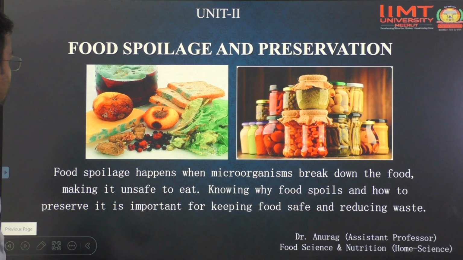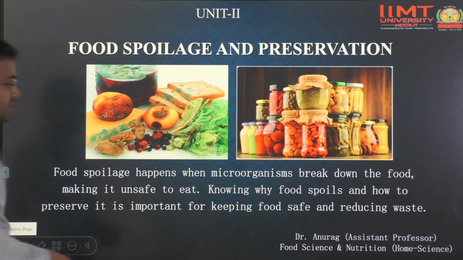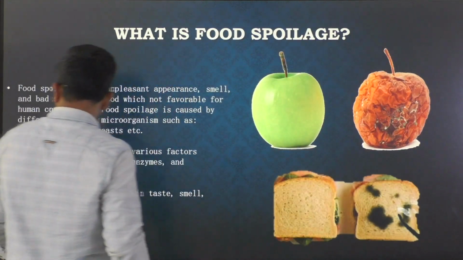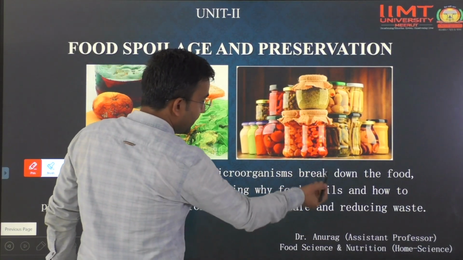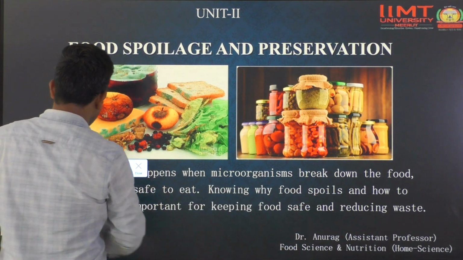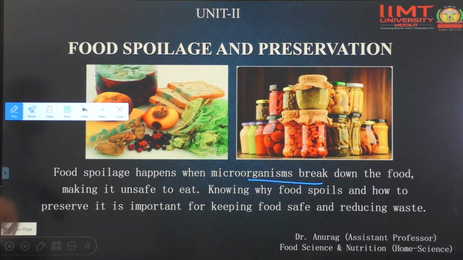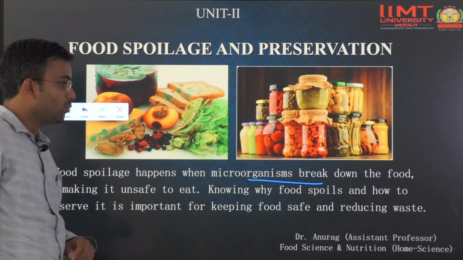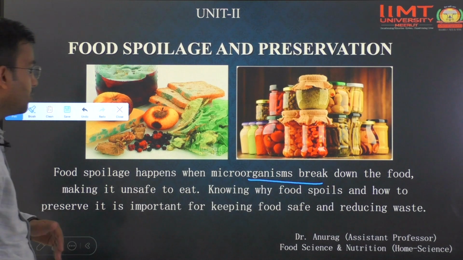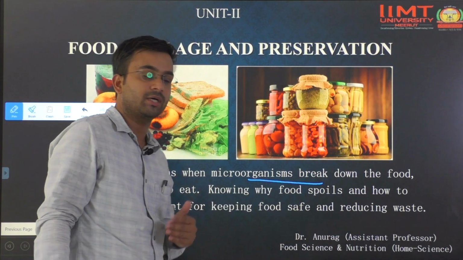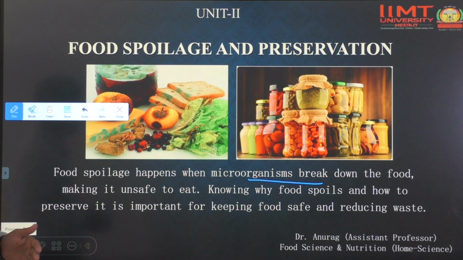So we know about spoilage, and which kind of spoilage occurs in food. Food spoilage happens when microorganisms break down the food, making it unsafe to eat. So we need to know how to preserve food, because we know which microbes infect our food items.